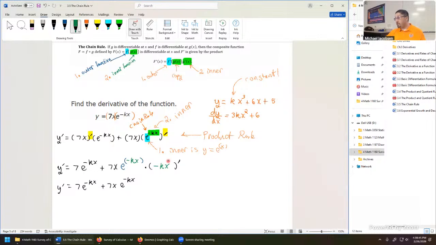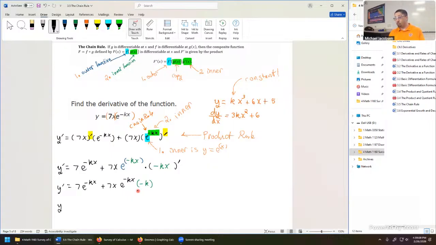And last derivative, differentiate this. No matter how weird the constant is, the constant survives because x is to power 1. So we get a negative k on that. And I believe WebAssign would accept this answer just as shown. You would definitely have to have parentheses here, or you're saying something different algebraically, subtracting k rather than multiplying it.